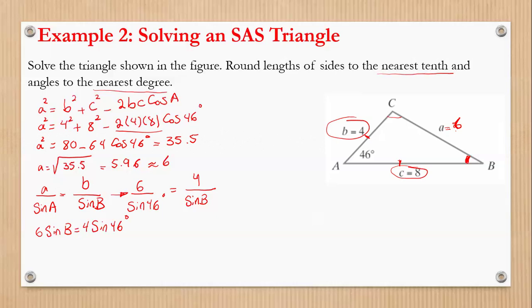And then divide both sides by 6. You get that the sine B must be equal to 4 sine 46 divided by 6. And if you put this in the calculator, the sine B should be equal to 0.4796. And now it's time to use the sine inverse key in the calculator to find angle B.